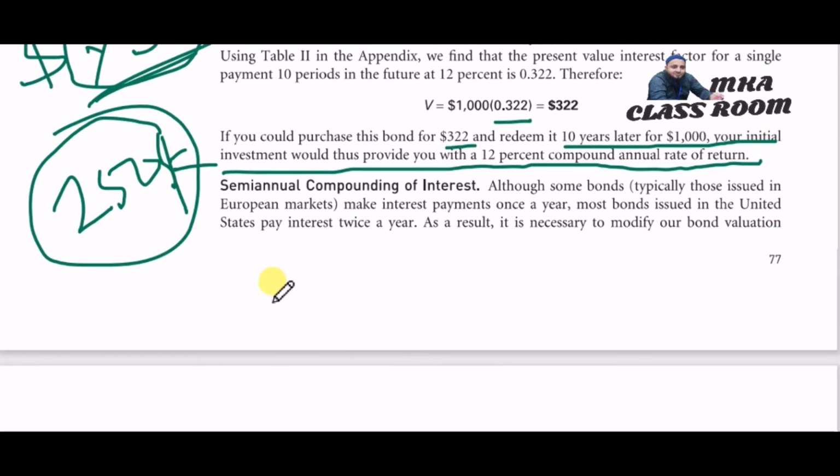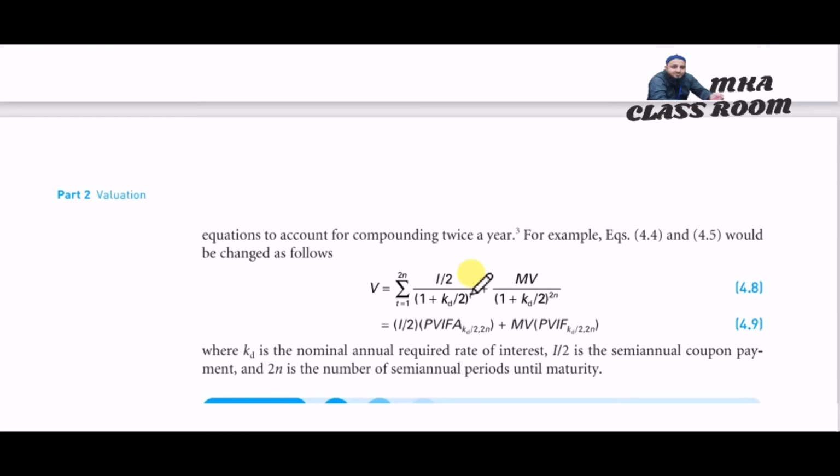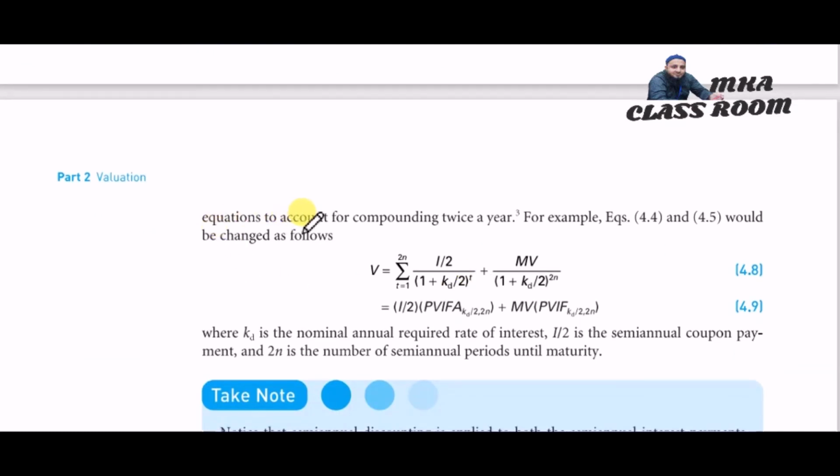Here is another option, that is the semi-annual compounding of interest. Although some bonds typically issued in European markets make interest payments once a year, most bonds issued in the United States pay interest twice a year. As a result, it is necessary to modify our bond valuation equations or models.